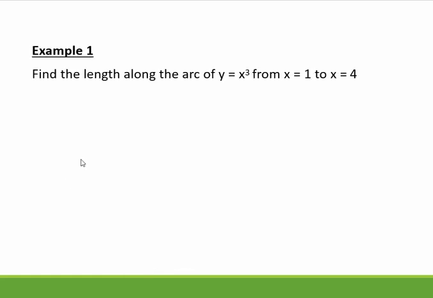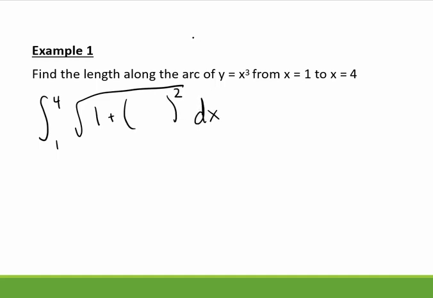Okay, so finding the length of this arc from 1 to 4. Since y is a function of x, we're going to do everything in terms of x. So the length of our curve, going from 1 to 4, is the integral of the square root of 1 plus (dy/dx) squared dx. y prime is 3x squared.